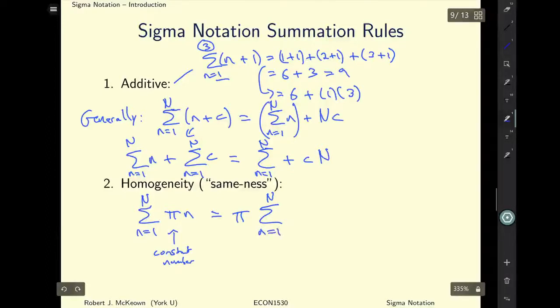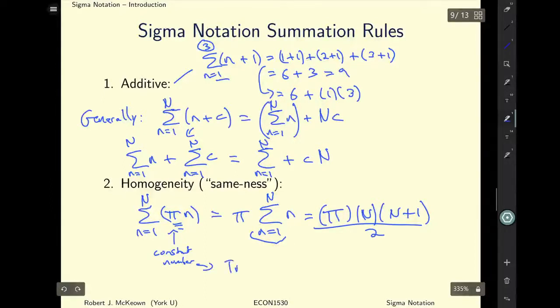I bring out the pi, and I'm left with pi multiplied by the sum here, this thing. And, you know, I could even write this out. I could even use the Gaussian summation, and I'd have pi multiplied by n plus 1, and the whole thing divided by 2. And of course, this is true not just for pi, but true for any constant number. Right? When we say constant, we mean a constant number.